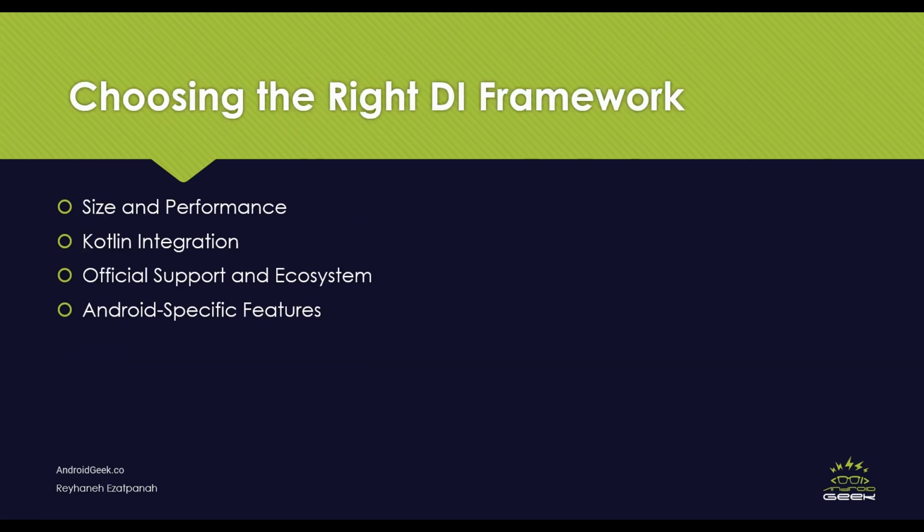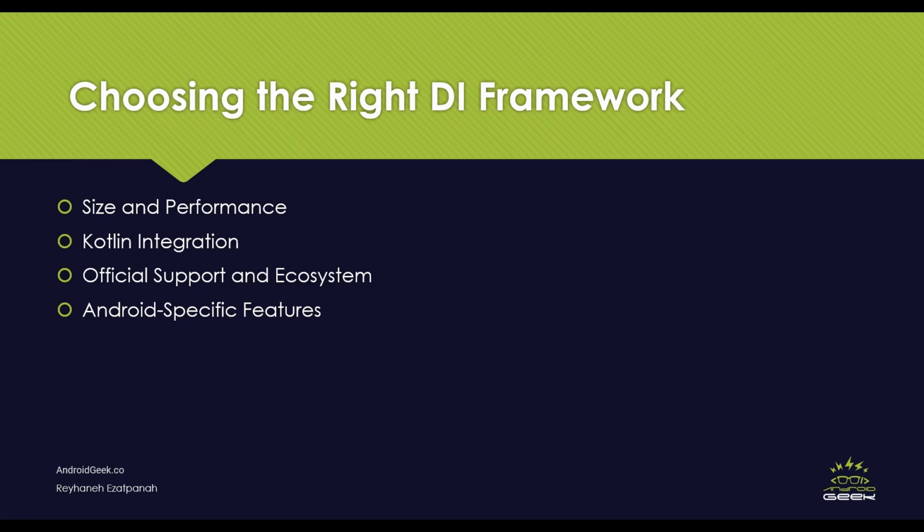And now we need to know which of these dependency injection frameworks is the right framework for our project. The choice between Koin and Hilt depends on your project's specific requirements and performance.